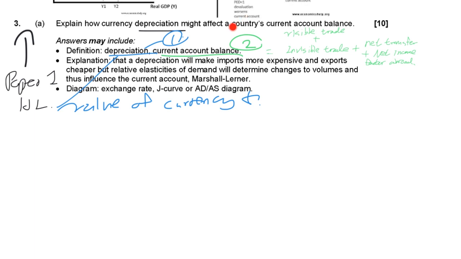Next, we have to talk about how it might affect the current account balance. Before we talk about it in detail, we have to talk about some basic economic stuff. When the price drops, like a depreciation, of course people would buy more, because this is derived from the law of demand.